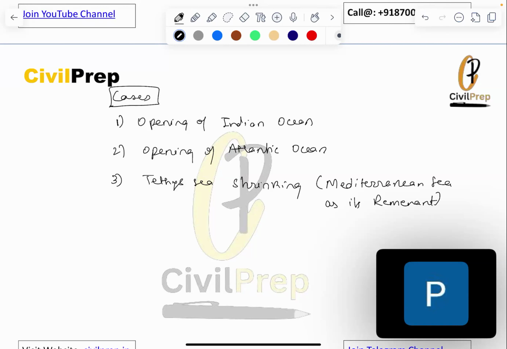Okay, so with this part, we are able to explain how the oceanic crust and continental crust have resulted in the formation of the current crustal part here.